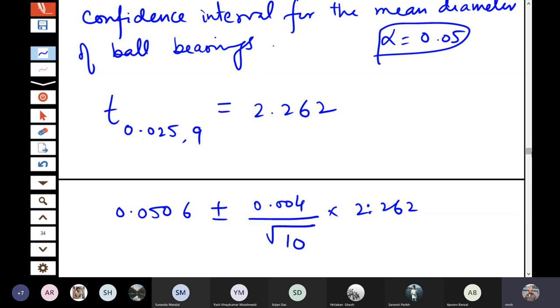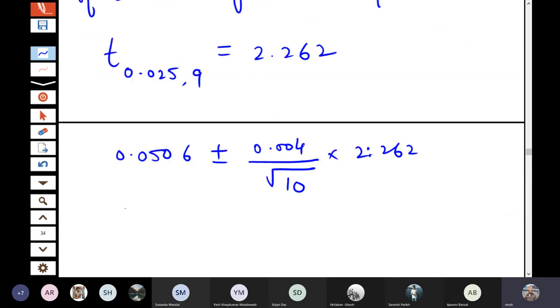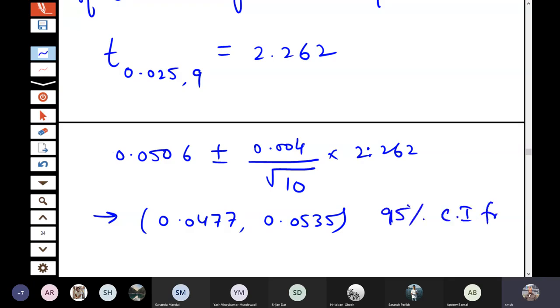So this value you just calculate. This gives me the confidence interval as 0.0477 to 0.0535. So this is a 95% confidence interval for mu here.